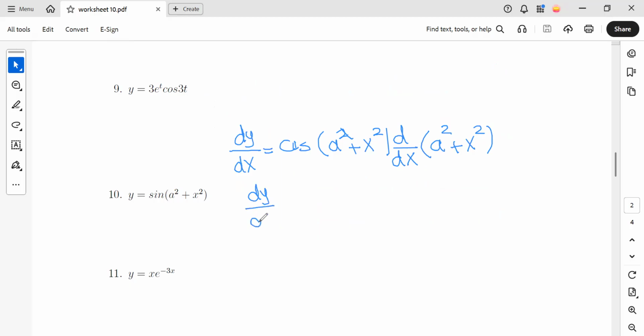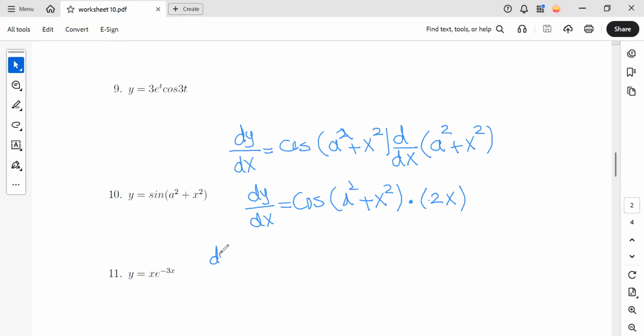So dy dx would be cosine of a squared plus x squared times the derivative of a squared, when a is not a variable, is 0, and the derivative of x squared when x is the variable, it will be 2 times x.